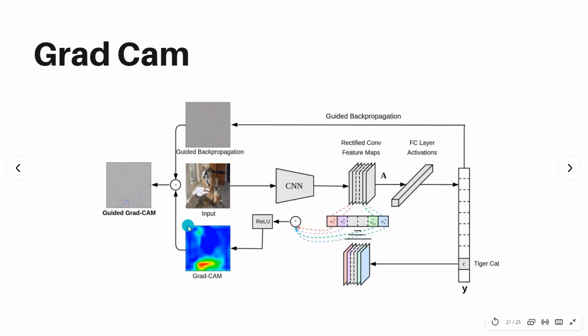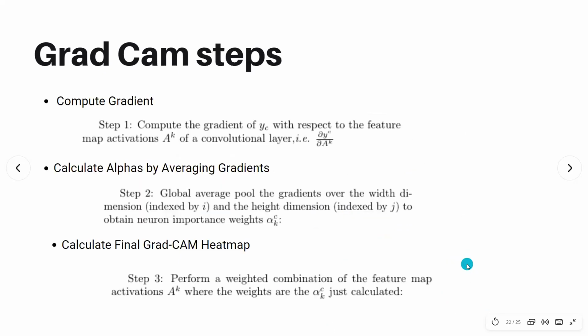And this gives you this heat map. In reality, this heat map is just a combination of all of the feature maps of the convolutional neural network. We just combine them using weights, and these weights are calculated based on their gradients towards the specific class.